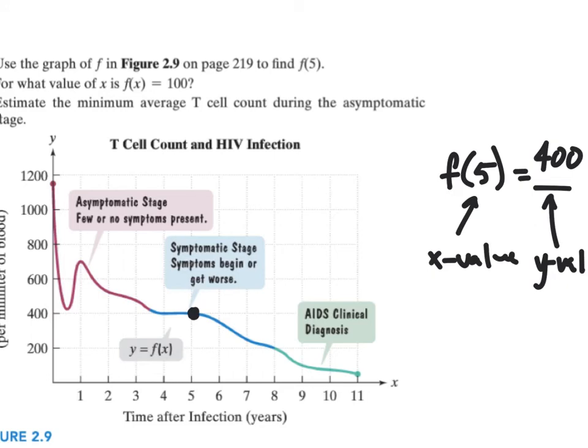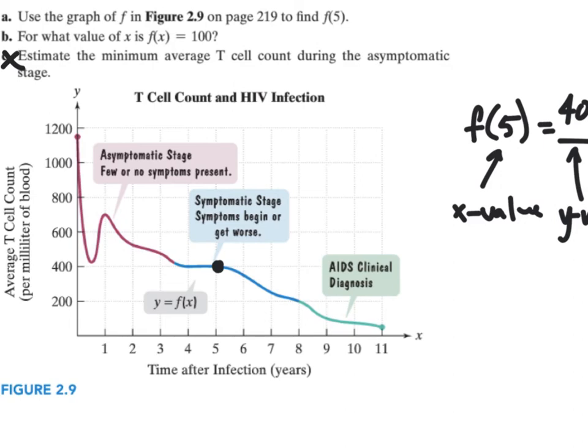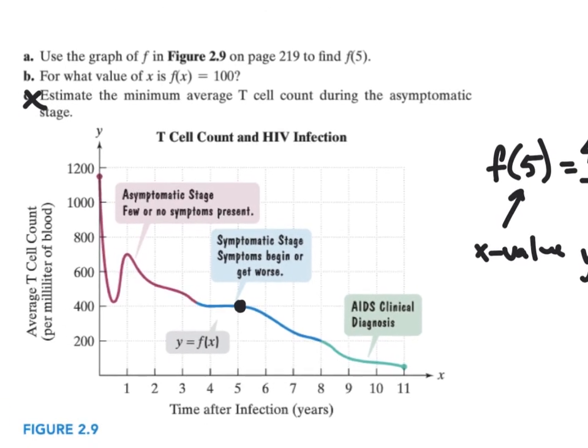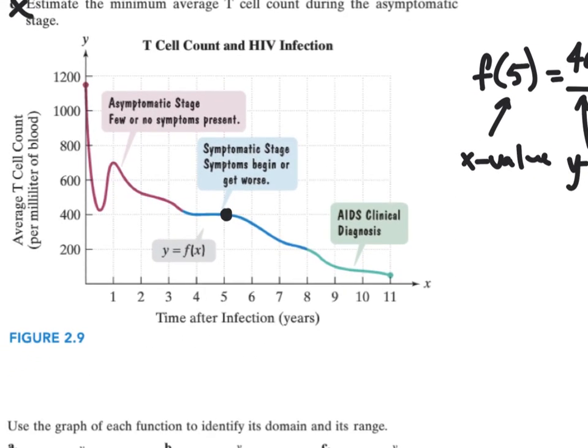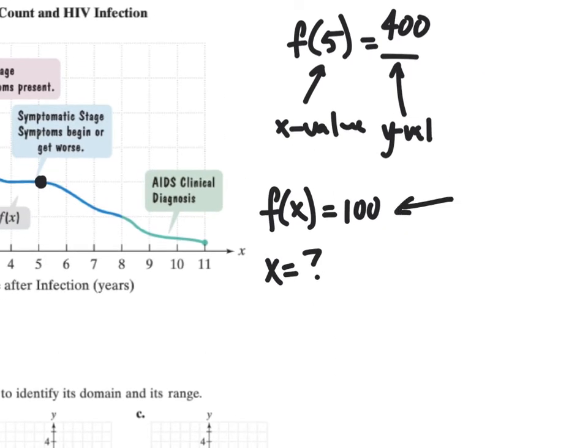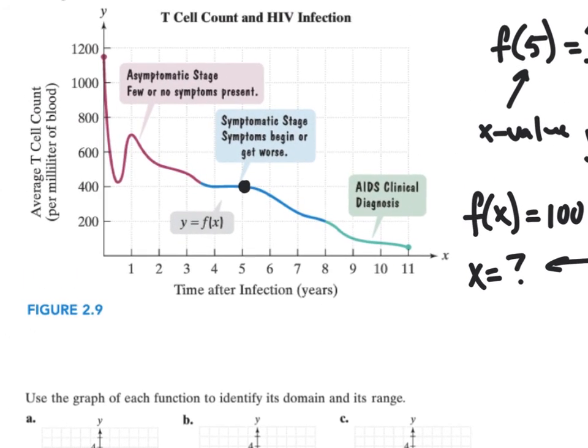All right, now then it asks, for what value of x is f of x equal to 100? So when I look over here, f of x equals 100, then x is equal to what? What this means is that my y value is 100, and I want to find x. So what I'm going to do is come over here and find 100, which is right here, and I'm going to follow that across all the way until I get to my value.